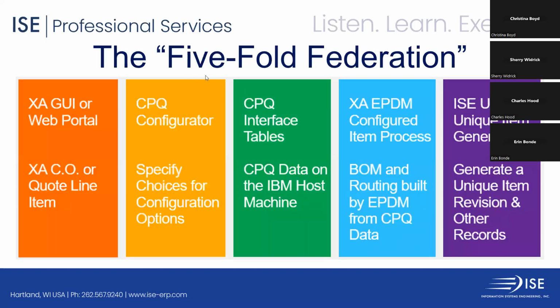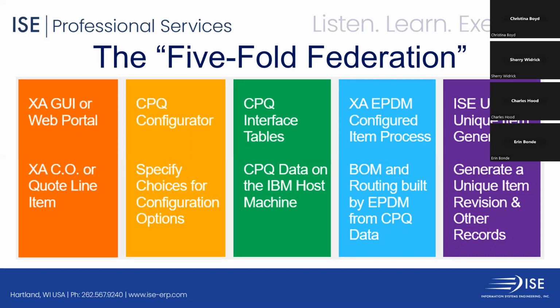And I'm a big fan of alliteration wherever possible. Kind of force this one a little bit, the 5-fold federation, but I do like the way this encapsulates the flow. You start off with a GUI, a graphical user interface, or a web portal. That could be enterprise quoting. It could be PowerLink or NetLink. It could be ComNet 2.